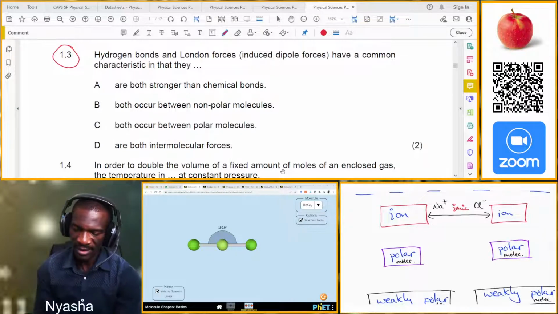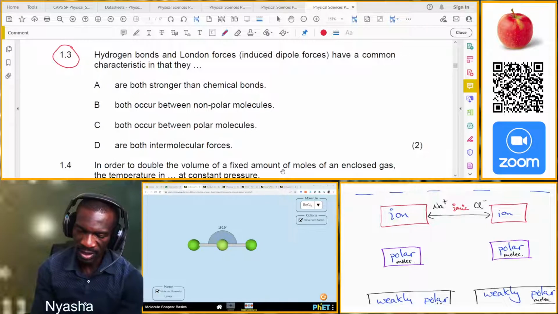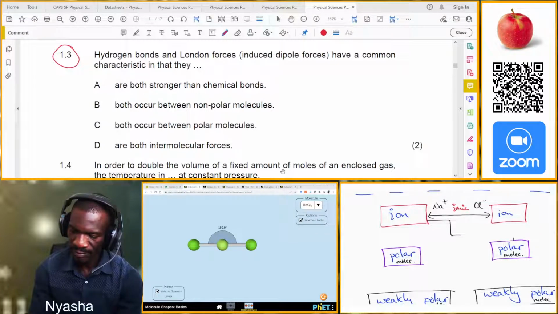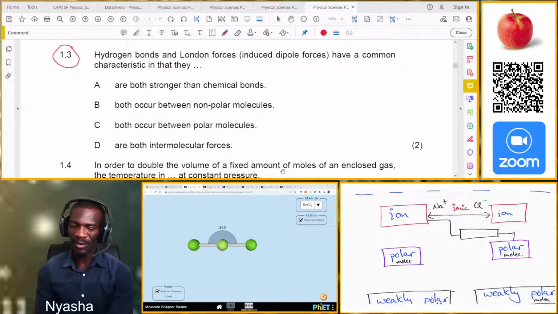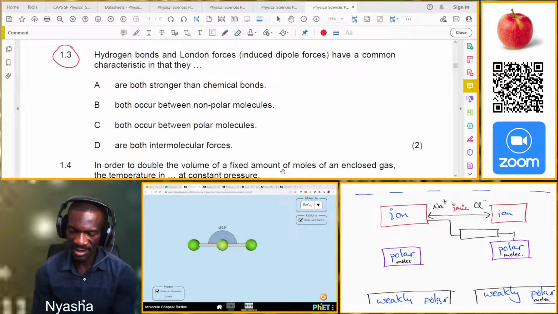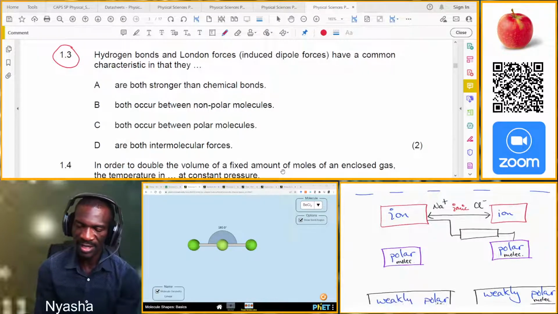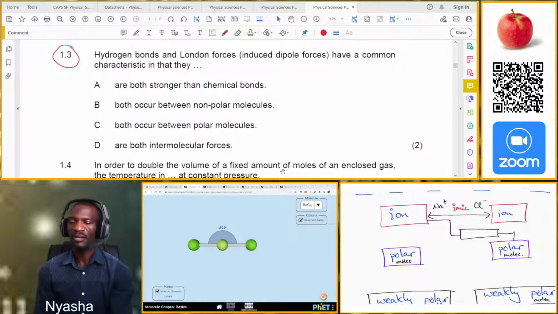So if the ion bonds with a polar molecule, let's put it like this. Right. So the type of bond that would be formed between an ion and a polar molecule, the type of forces that are experienced there, is what?